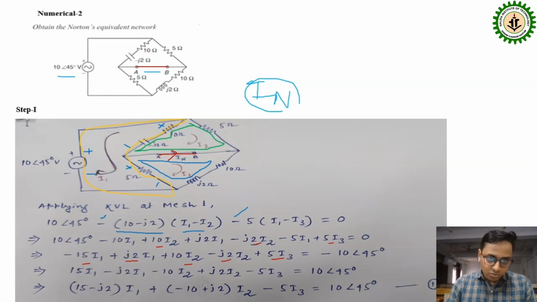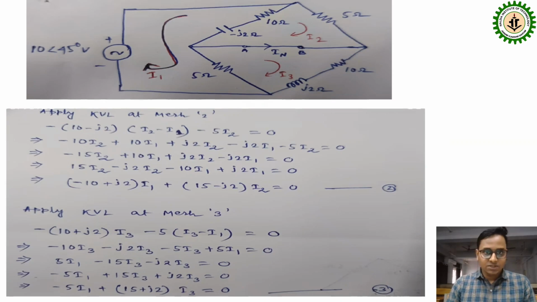So for mesh 2, what will it be? It is coming similarly for this one. Here I have redrawn the circuit. For mesh 2, the total voltage drop across this is 10 minus J2. The direction of current is towards this, so this is the plus side for this branch only, as the current is flowing towards this.